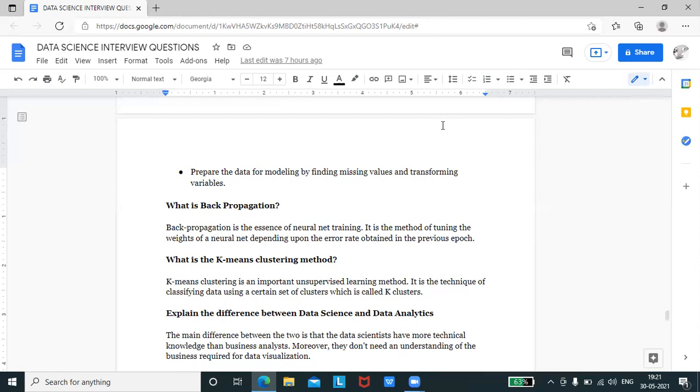It allows us to cluster the data into different groups, and is a convenient way to discover the categories of groups in the unlabeled data set on its own without the need for any training.